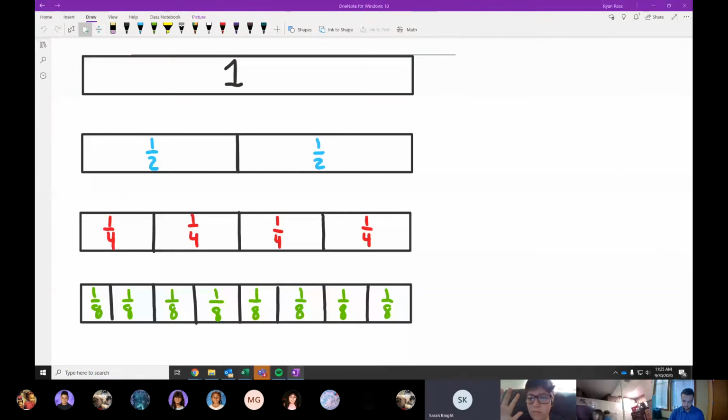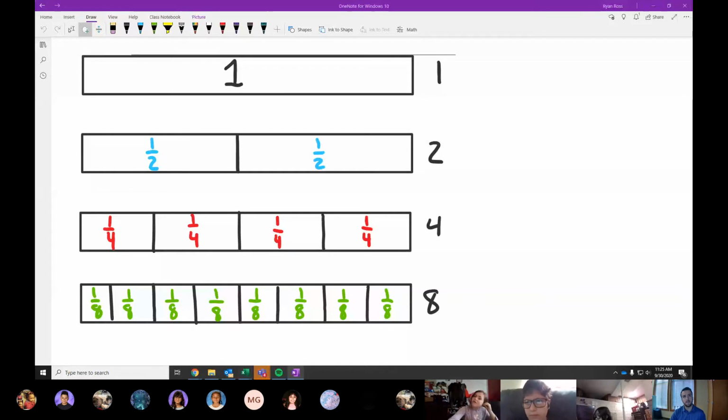That the first one only has 1, the second one has 2, and then the third one has 4, and then the last one has 8. Okay, that is interesting. They're growing. Are they growing by a certain rate or anything? Or is there a pattern to getting from one to the next?